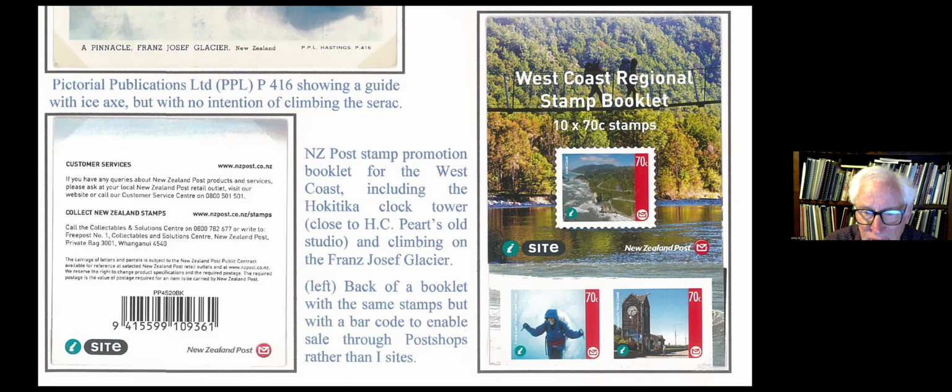These stamps are a bit unusual in the sense that, yes, they're produced by New Zealand Post, but you don't find them on their website. They were just developed for sale in local areas. So this booklet was only produced for sale in the Hokitika and Glacier areas.